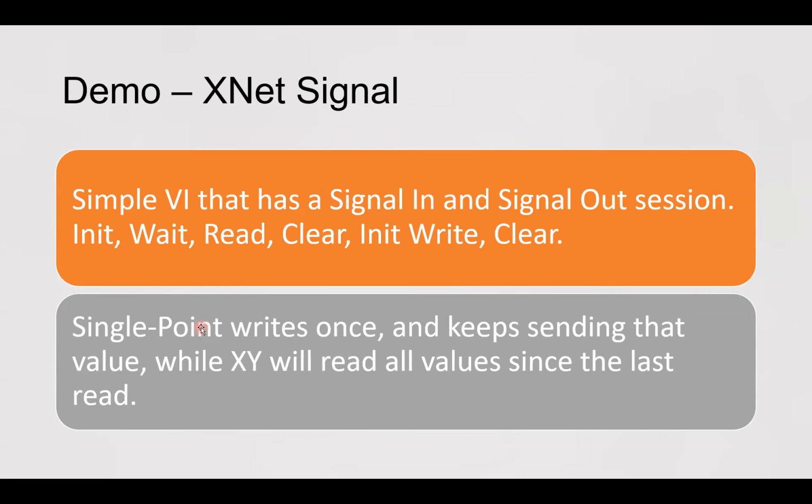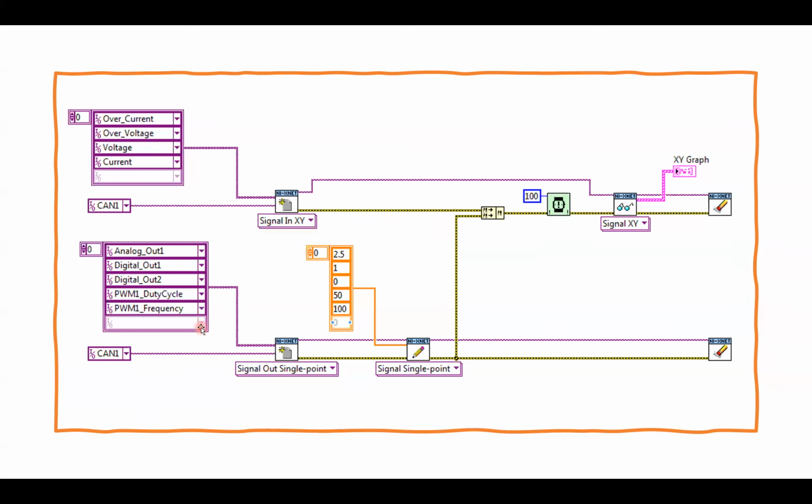For example, if I want to read temperature, RPM, or pressure, those engineering units can be read using the signal directly. Here also we have three different types: stream, queued, and single point. For example, this is the code for the CAN single point.